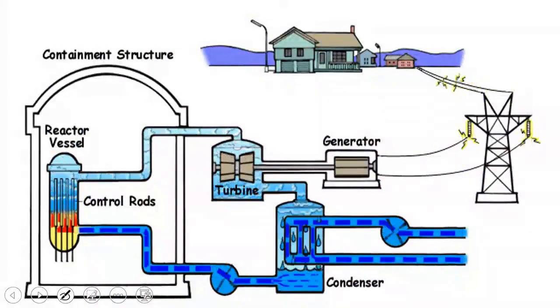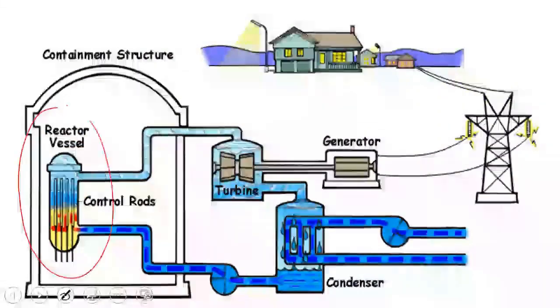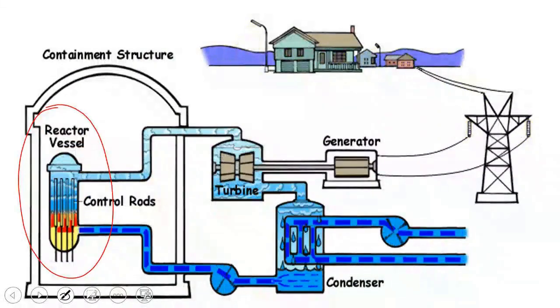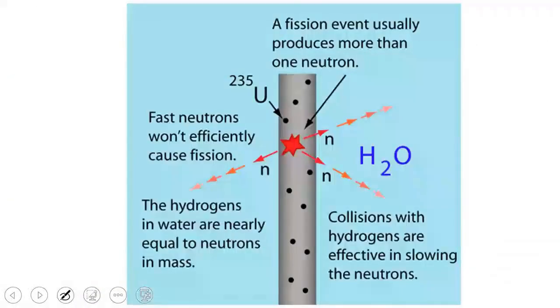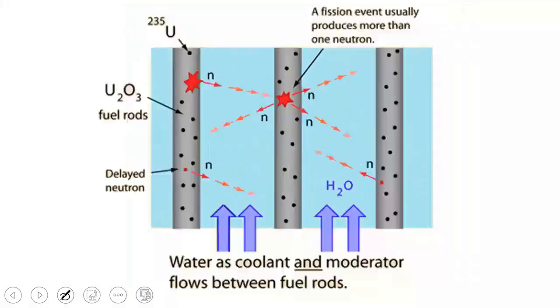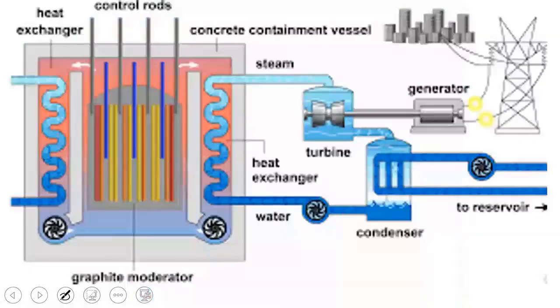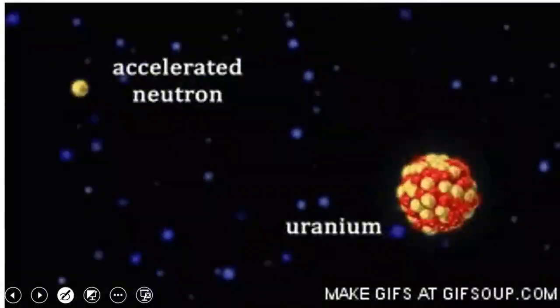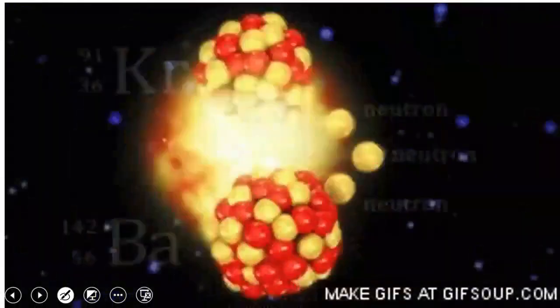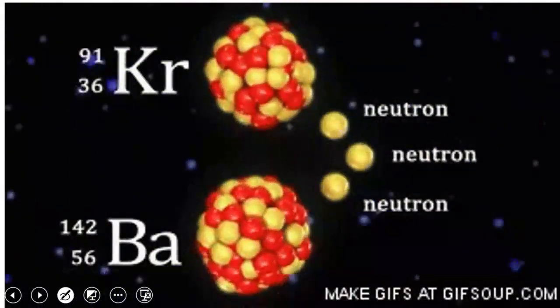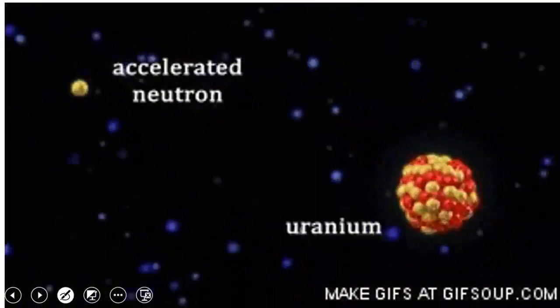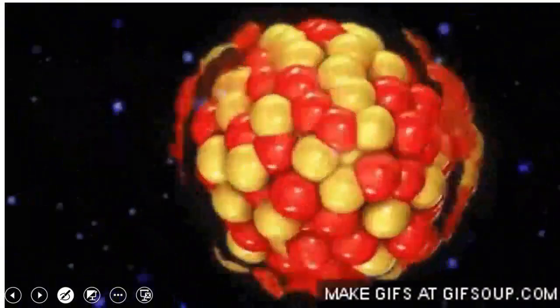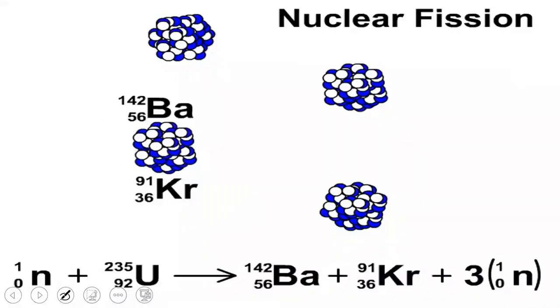You have your reactor where neutrons hit uranium. What happens is that a neutron collides with uranium, causing fission, resulting in something called krypton and barium, and 3 neutrons are released. There is, of course, a very high energy released, an enormous energy that comes from this uranium with different types of collisions.